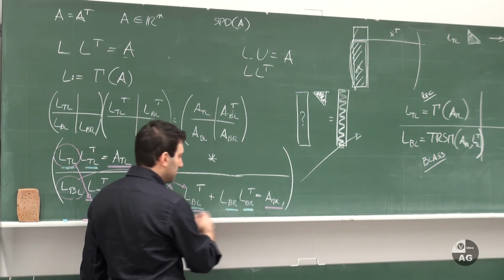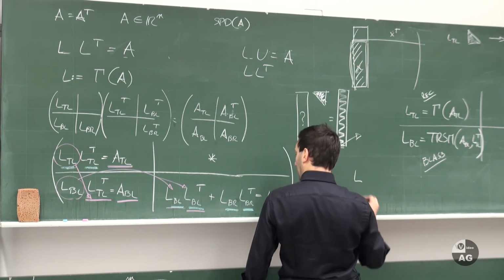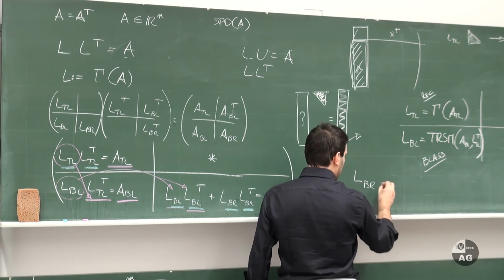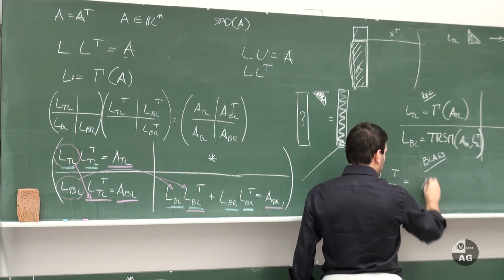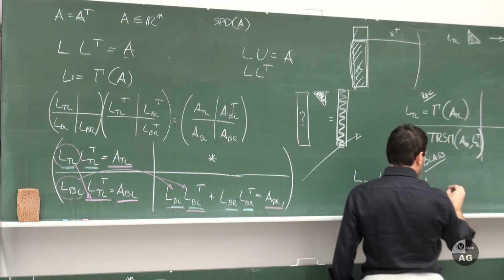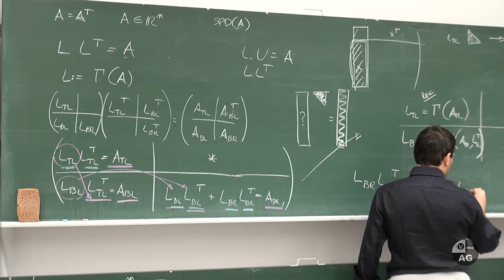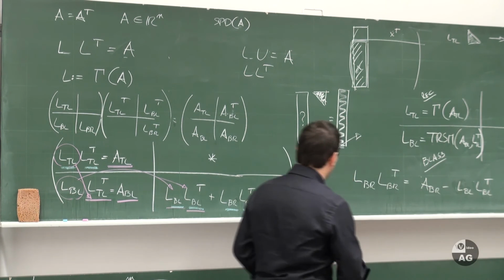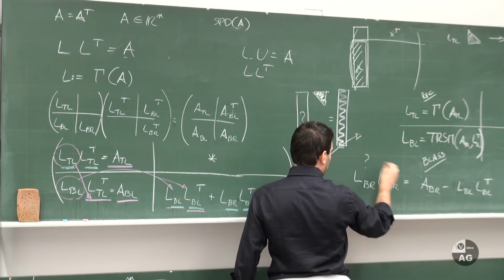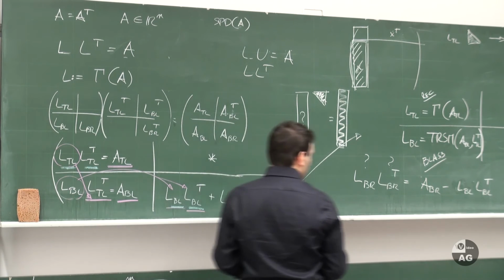If it's known, let's push it on the other side of the equation. So L bottom right transpose equals A bottom right minus L bottom left transpose. These things are still unknown, but all of those guys now are known.